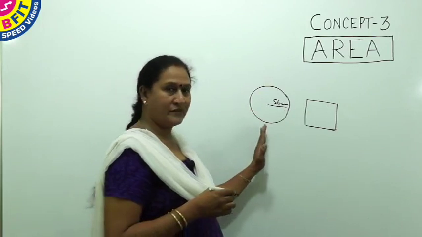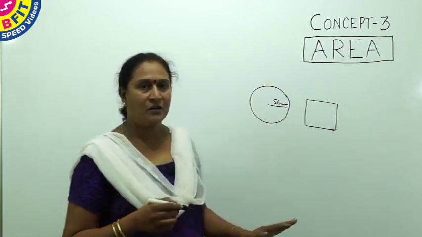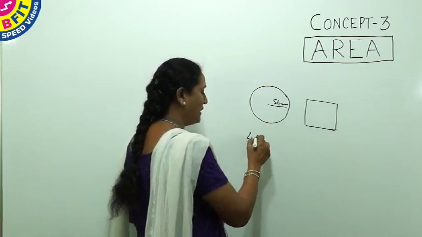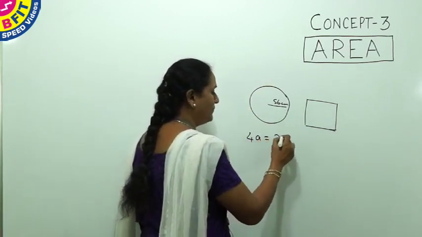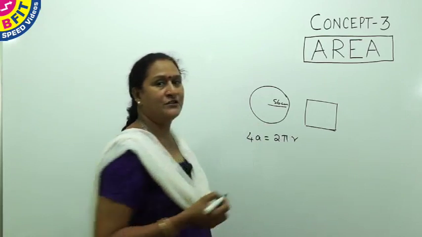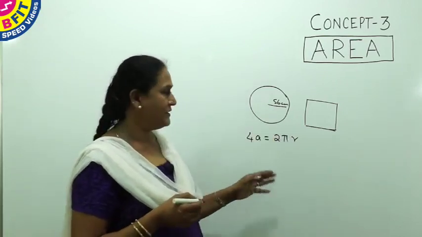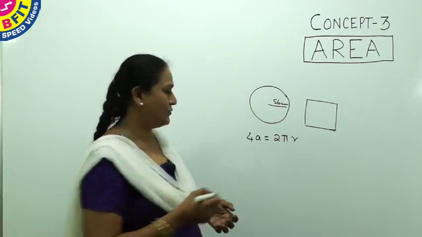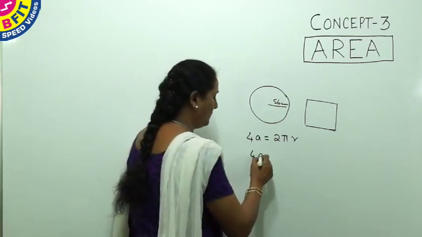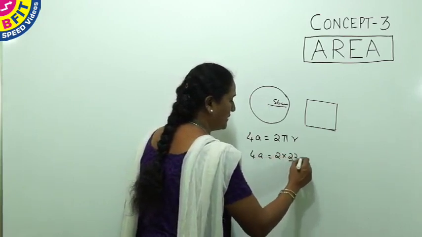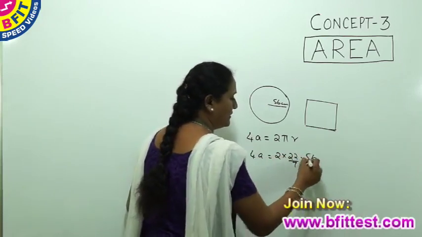It means the circumference of the circle and the perimeter of the square are both the same. The perimeter of the square is 4a, which is equal to the circumference of the circle. As this detail is given, we can find the circumference and the side of the square also. So 4a equals 2 into pi, which is 22 by 7, and the radius is 56.